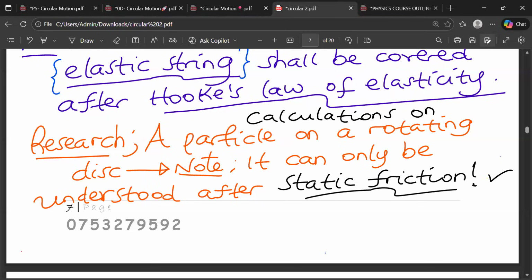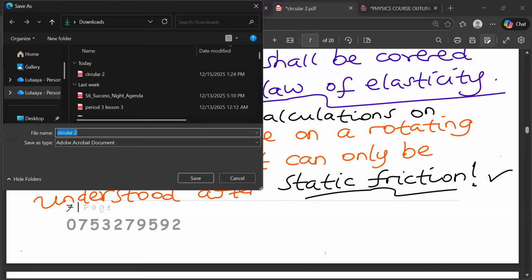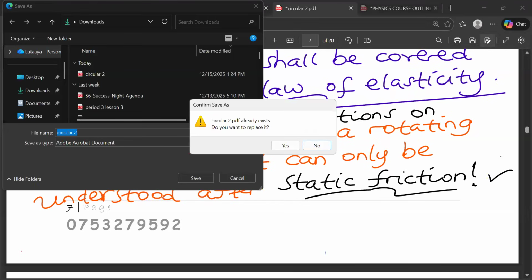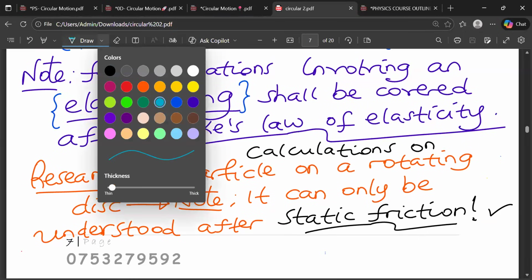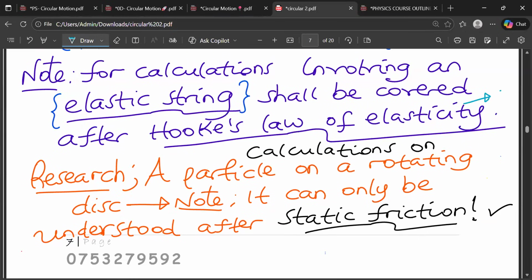Why I've skipped the part of the elastic string is because it has things like the Young's modulus, lambda, it has the L and X. So that means we shall be bringing in R. But if you're well conversant with Hooke's law of elasticity, you can look for those calculations, because you just combine with the knowledge you've gotten today and you will calculate.